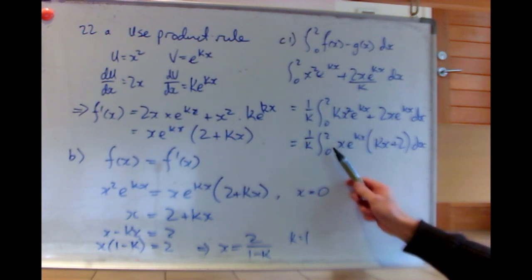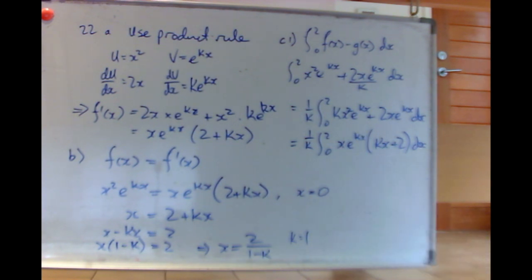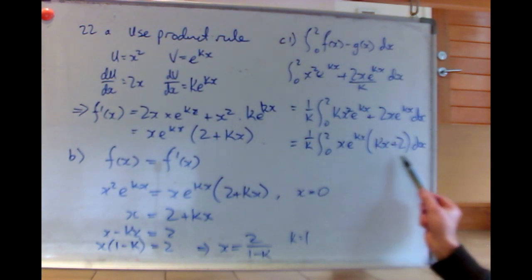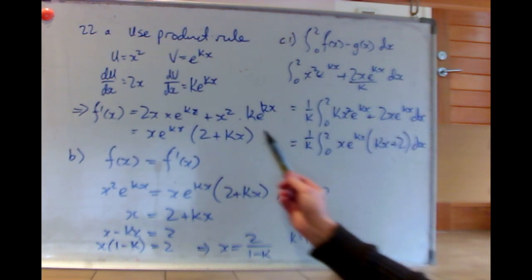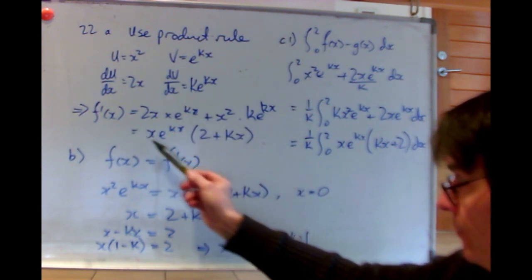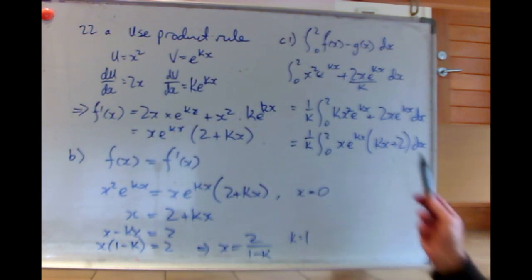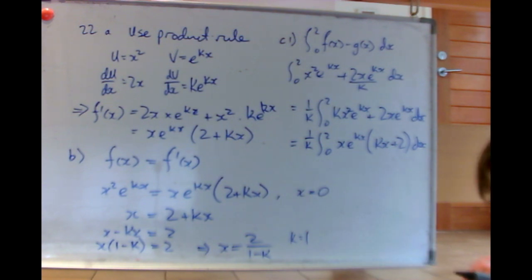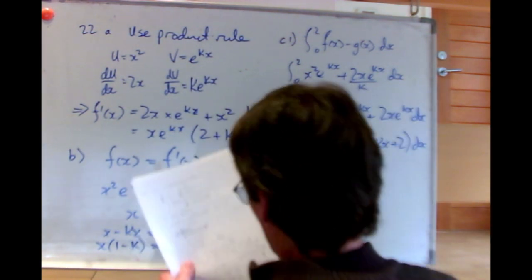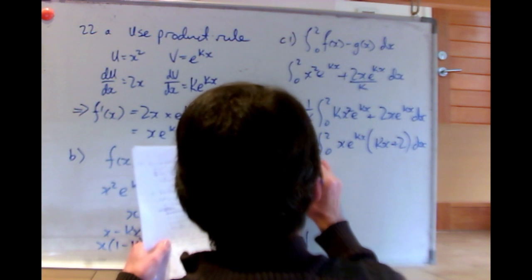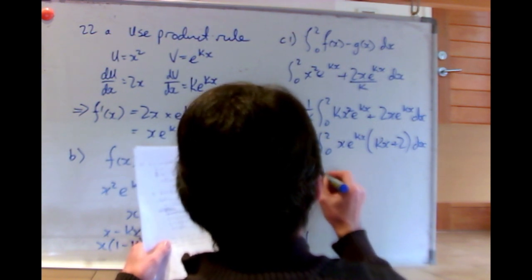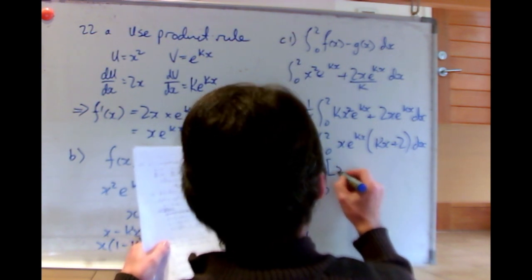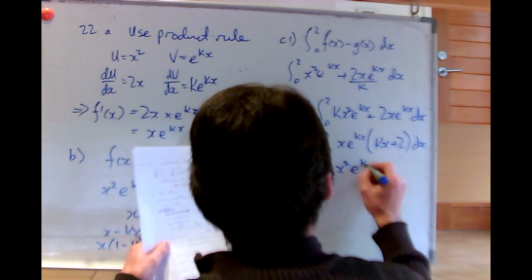So I'm getting it to look the same, so I can use integration by recognition. Now I've got this here, is this derivative that we found earlier. Since I know that that is the derivative of our original function, then I can use that to integrate by recognition and just say that it's got to be our original function.